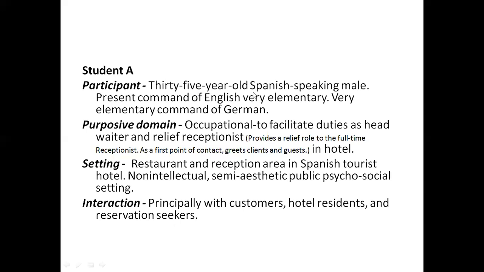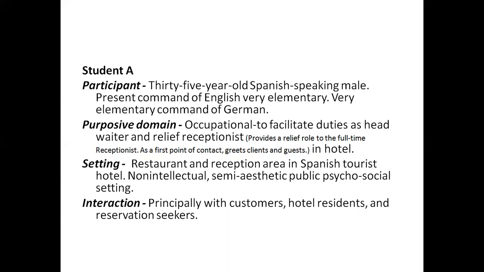Participant: 35-year-old, Spanish-speaking male, present command of English very elementary, command of German elementary. That means this participant is Spanish-speaking and knows a little German apart from his mother language, Spanish. Purposive domain: occupational, to facilitate the duties as a head waiter and relief receptionist.